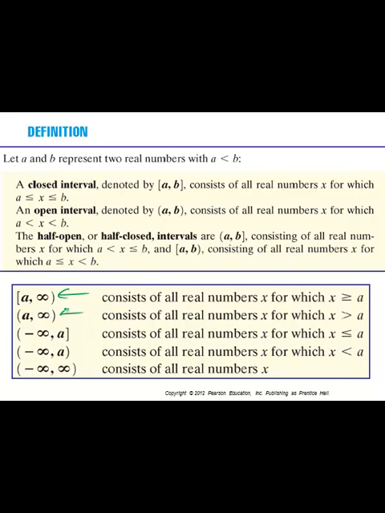The second one here, that's the set of numbers greater than A. Period. This third one, that's the set of numbers less than or equal to A. Period. This fourth one, that's the set of numbers less than A. Period. And then this last one here basically means all real numbers.